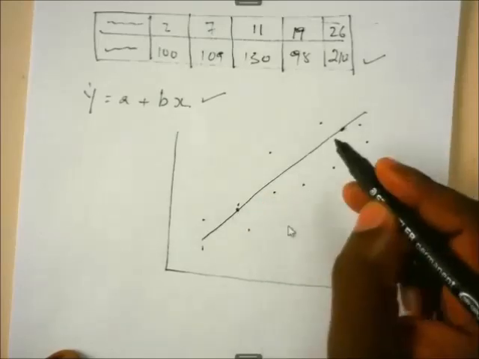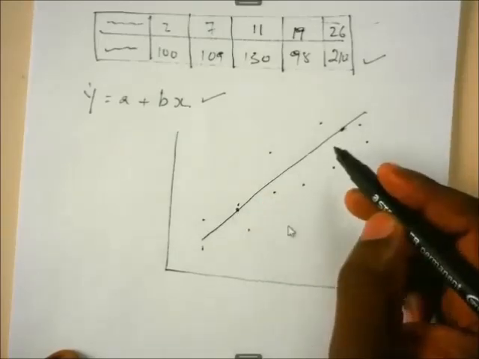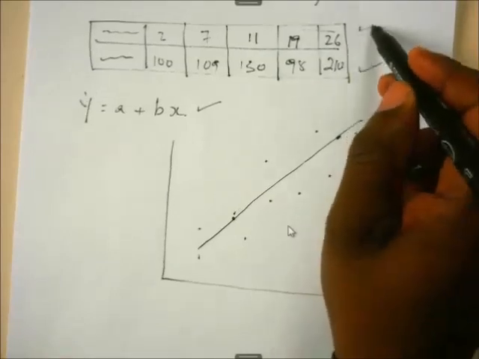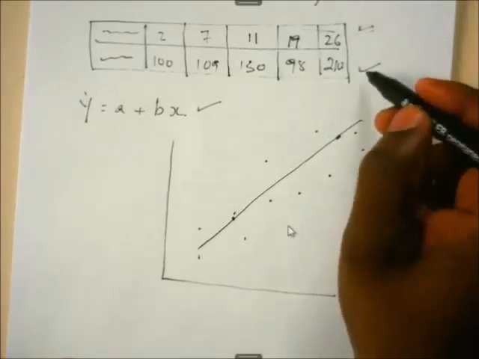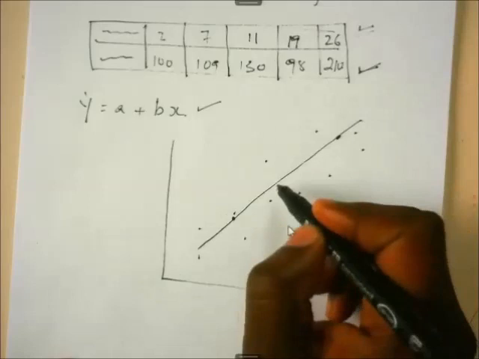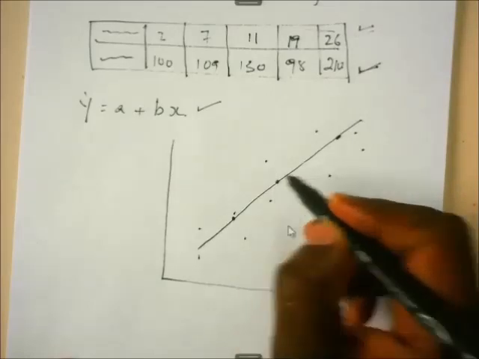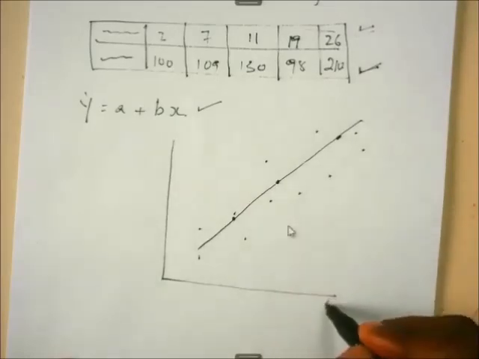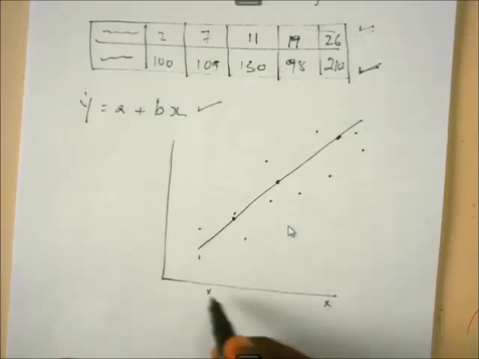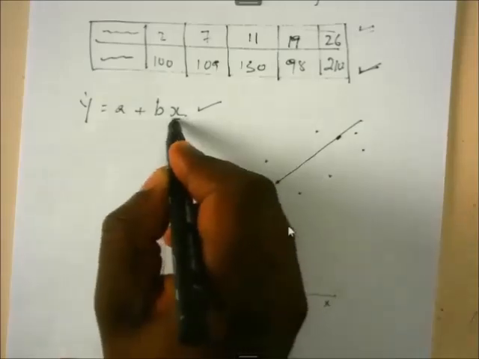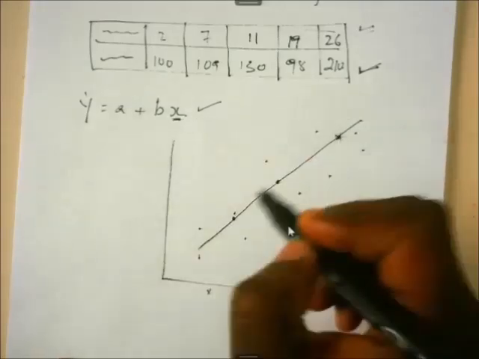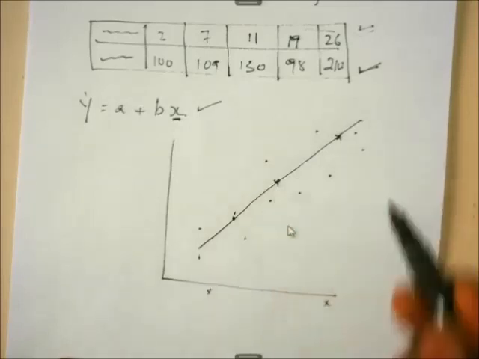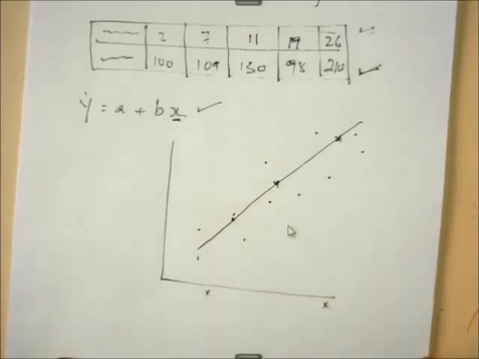To draw it, you'll have to find the mean of the first row and the mean of the second row, and that becomes one of your points. Then you can take any other point from the x-axis, the horizontal line, substitute it for x, and you get the other point. Those will assist you to draw the least squares regression line.